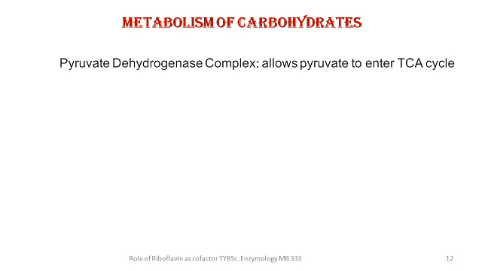In the metabolism of carbohydrates, FAD is really very important, and we should understand this properly, because most of our energy we get from the carbohydrates we consume in our diet. All of us know that carbohydrates form a major part of our diet in the form of rice or rotis and so on. So, the pyruvate dehydrogenase complex allows pyruvate to enter the TCA cycle by converting it to acetyl-CoA.